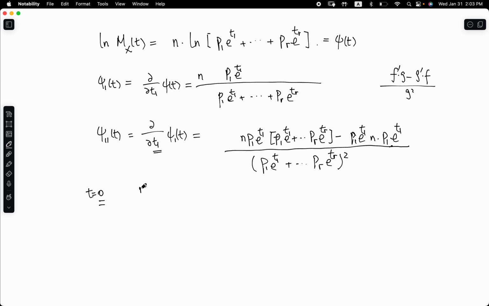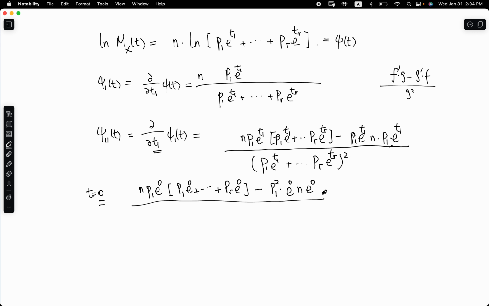So we have n p1 e raised to the 0, and then p1 e raised to the power of 0 plus ... plus pr e raised to the power of 0, minus p1 squared e^0, one copy of n, e^0.